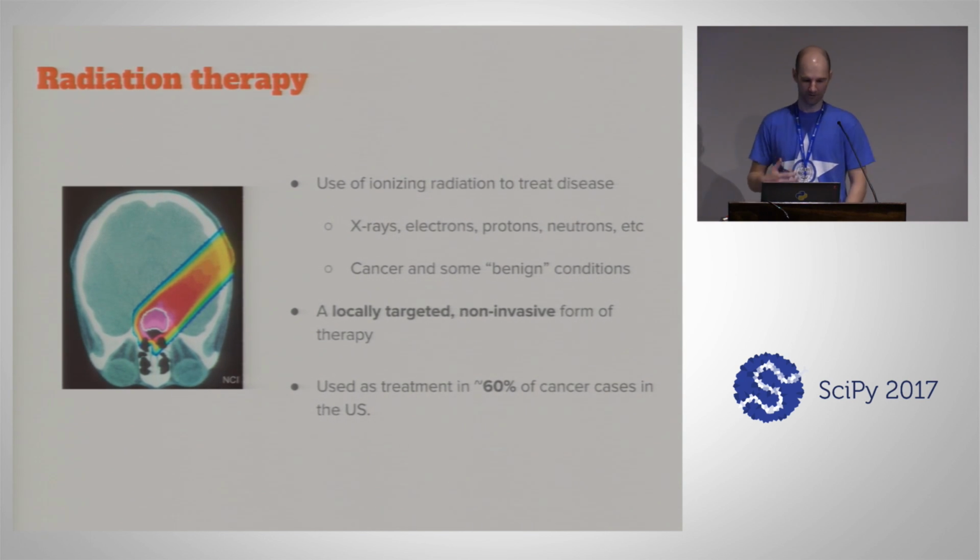And when we talk about disease, that typically means cancer, but sometimes there are also benign diseases that you will treat with radiation. The reason you would want to do this is because radiation is more locally targeted than things like standard chemotherapy, and on the other hand, it's less invasive than surgery. And it's actually super common. It's used in about 60% of treatments for cancer in the US. So you see it all the time.